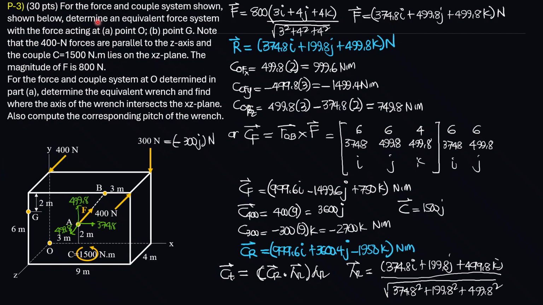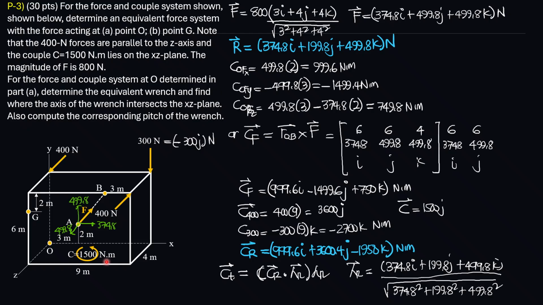For problem 3, for the force and couple system shown below, determine an equivalent force system with the force acting at point O, B at point G. Note that the 400 Newton forces and 200 Newton forces are parallel to the z-axis, and the couple C is 1,500 Newton meter and lies on the xz plane.